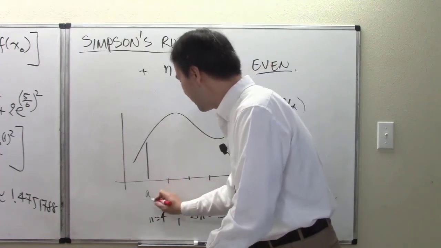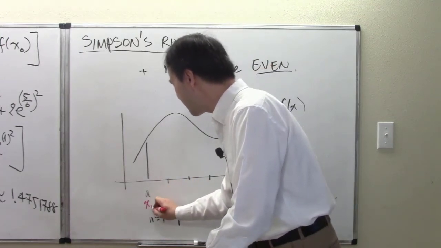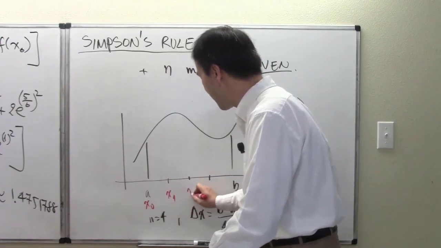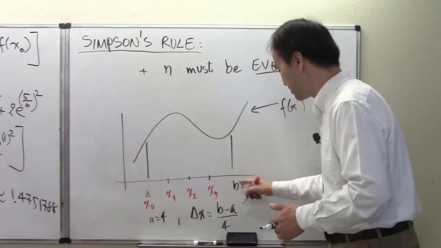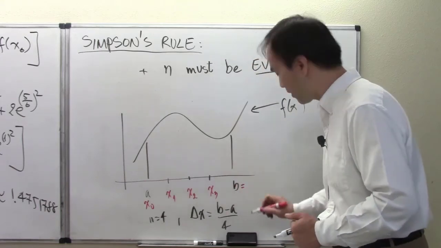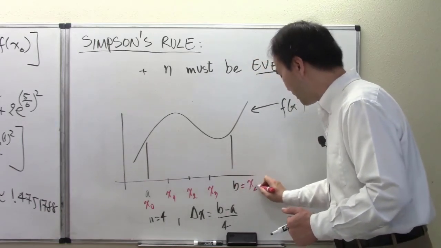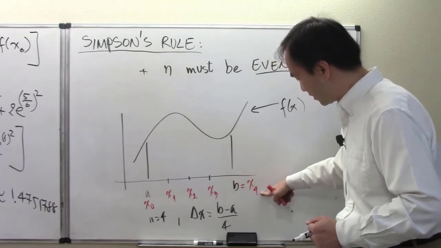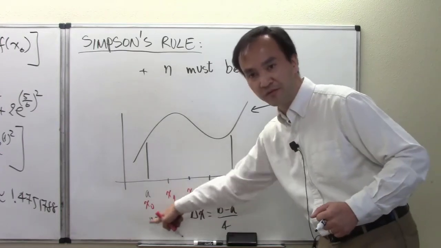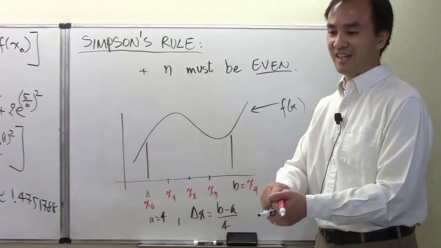This a is x0, this is x1, this is x2, this is x3, and of course b, the last point of our total interval, is x sub 4. It's always consistent that the last value has a subscript consistent with the number of subintervals in our problem.